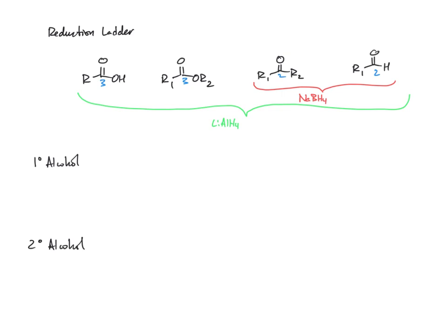And through the method of hydride reduction, we cannot make a tertiary alcohol. So functional groups that will make a primary alcohol would be acid, ester, and aldehyde.